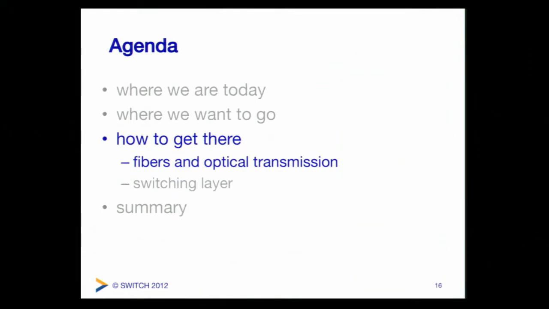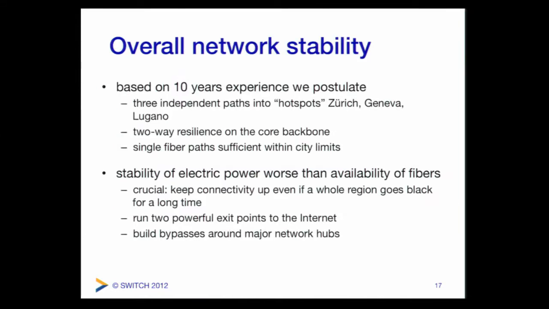Okay, so to the details. About network stability. When we started with optical fibers 10 years ago, everybody said, oh well, in the cities it's difficult because we have a lot of construction work and your fibers will be hit. And what we see is exactly the opposite.